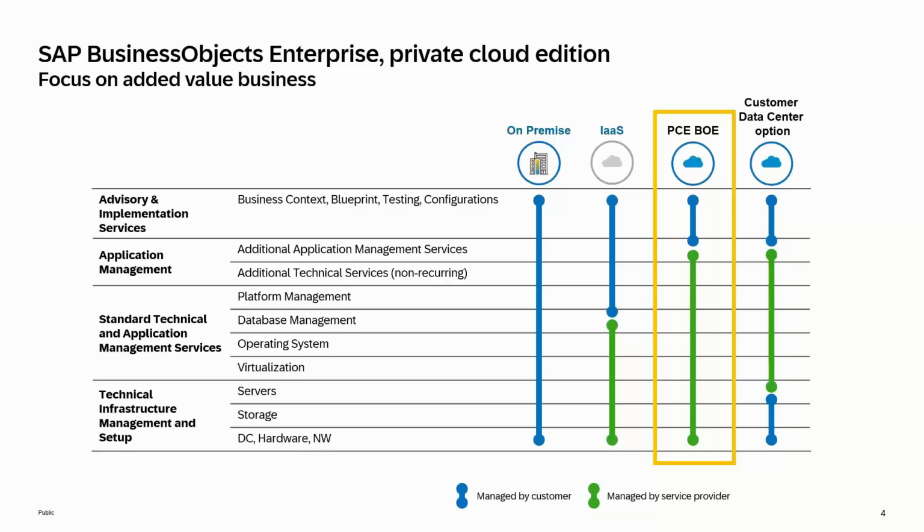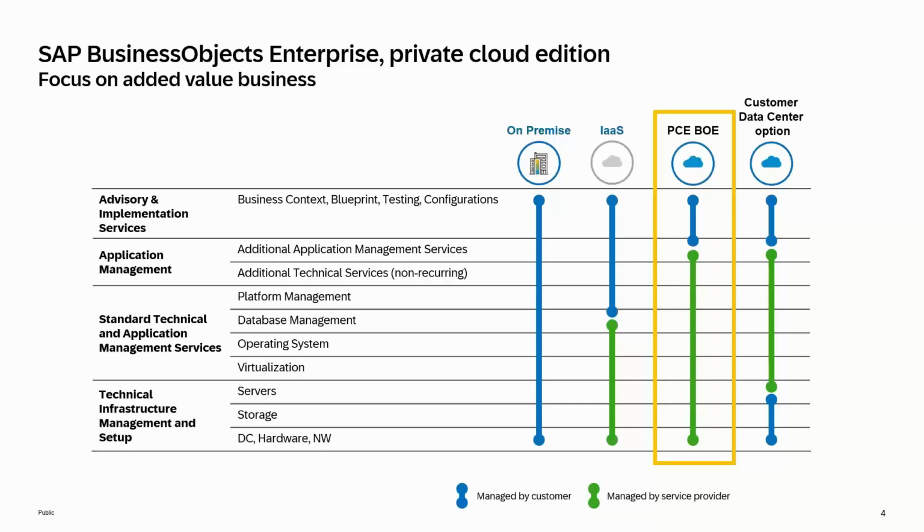On this slide, you can see that there is another option in the middle, which is to keep paying the maintenance and bring your licenses into infrastructure as a service. You can also move from managing everything by yourself, which is the blue bar, to delegating the infrastructure and some maintenance to SAP through private cloud edition.